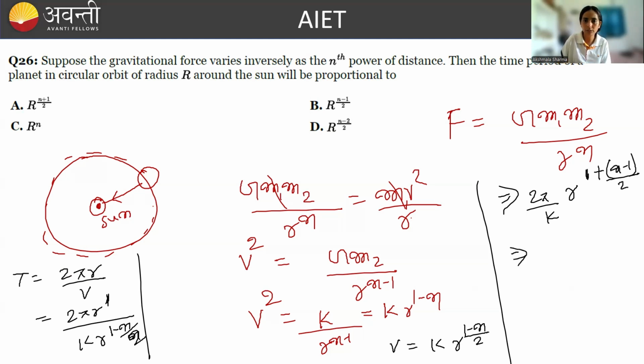So this is equal to 2 pi by k r to the power 2 plus n minus 1 divided by 2. So this is equal to r to the power n plus 1 by 2. So the correct answer will be what? A. The question is simple.